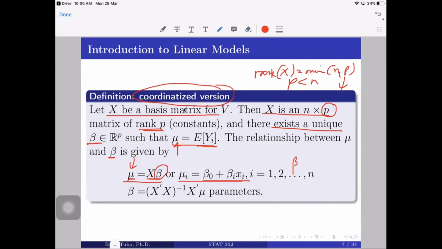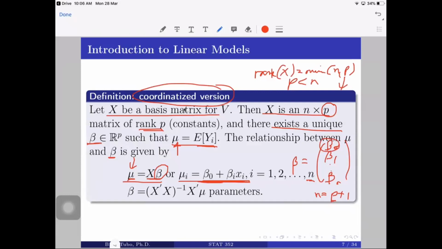So your beta here is actually beta_0, beta_1 to beta_n. So your n here is actually p plus 1, the number of parameters plus 1 for the beta_0.